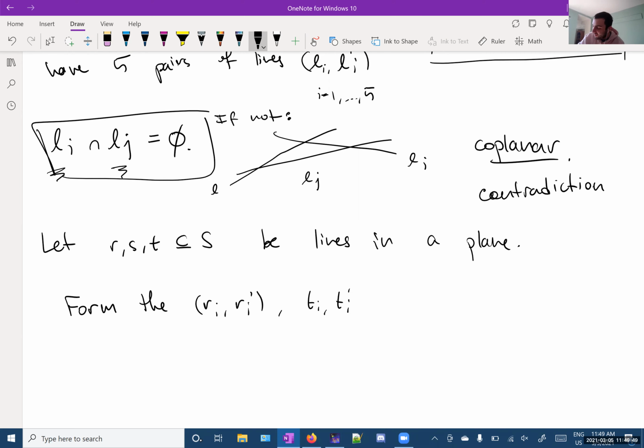Right, so remember, we have exactly 5 planes doing this for each of them, but one of them is this plane containing R, S, and T. So we actually only have 4 of these.